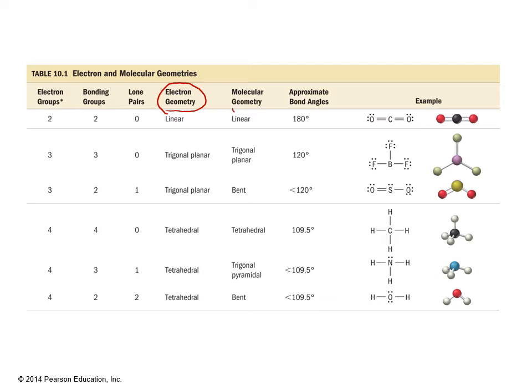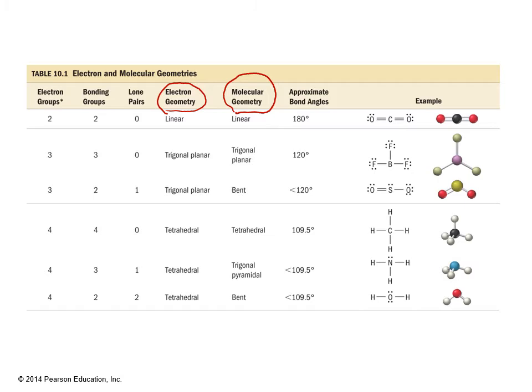The molecular geometry is only seeing the bonded atoms that are present. So you'll notice in some cases, the molecular geometry is different than the electron geometry.